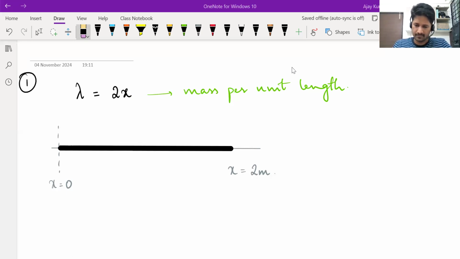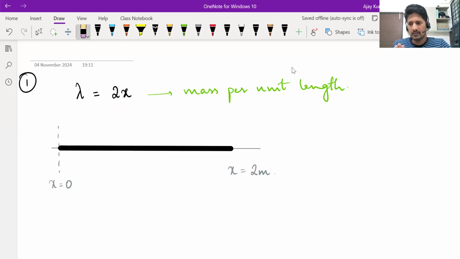The value of x keeps increasing. Yes, the right half has greater x coordinates, and if x coordinate is greater, density will be higher. So more mass lies in the right half of the rod. The density goes on increasing as you move to the right, because the linear mass density function is like that.